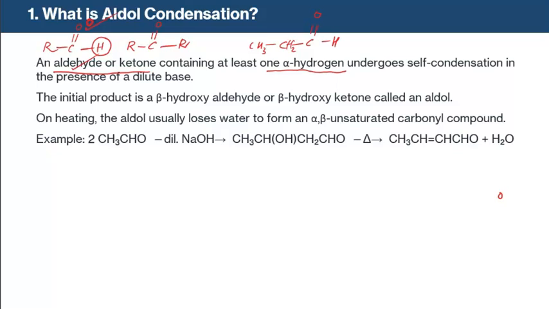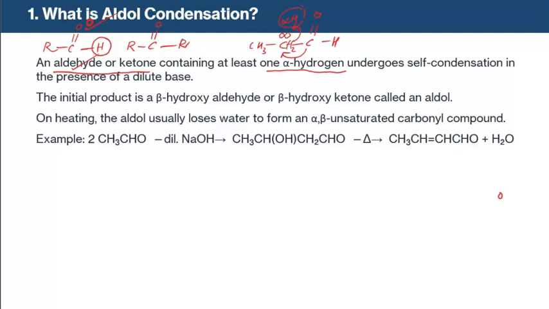The next carbon very near to this carbonyl group is known as the alpha carbon, and the hydrogen attached to this carbon is known as the alpha hydrogen. Okay, clear.